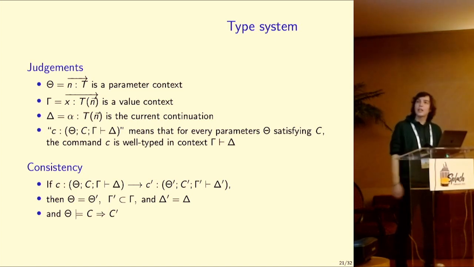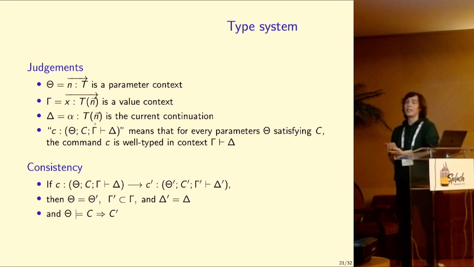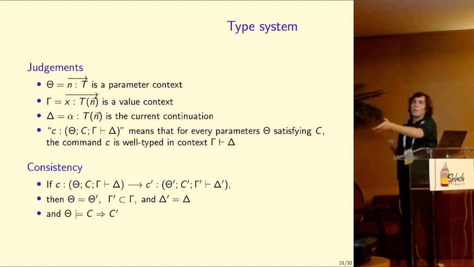A command has a parameter context, a first-order constraint C on those parameters, and then variables and a continuation. This means that for every assignment of parameters in thetas that satisfy constraint C, and variables that are typed in accordance with that, the command is well typed.